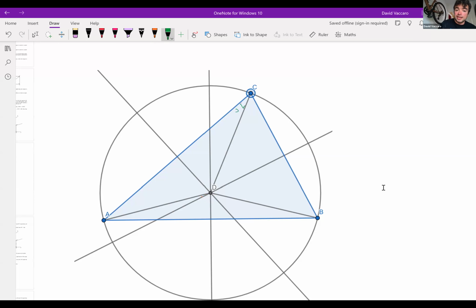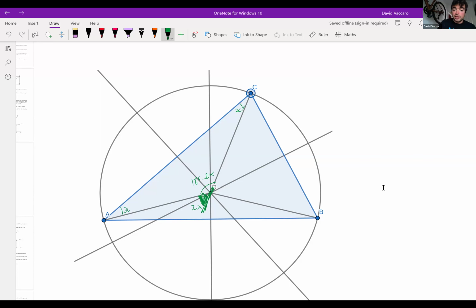Yeah, so you could call this angle here X. This angle here also would be X. So this angle here would be 180 minus 2x. And so if I carry this straight line on here, this angle would be 2x.